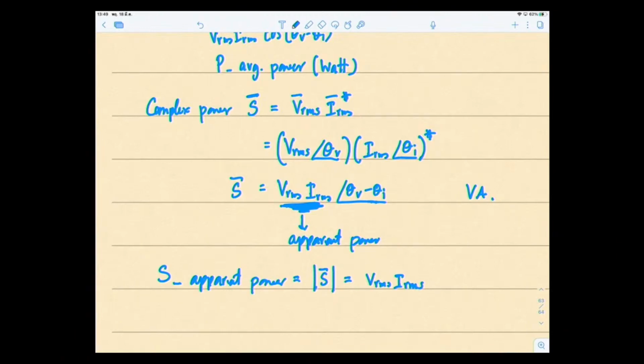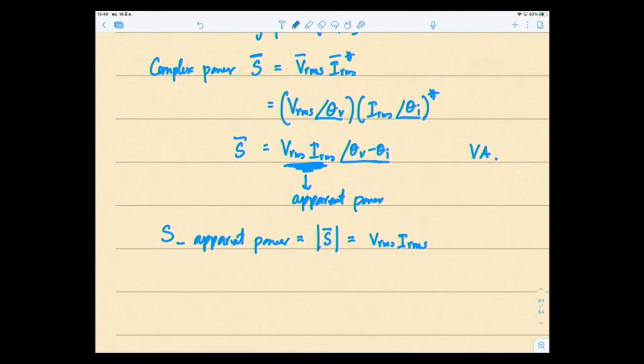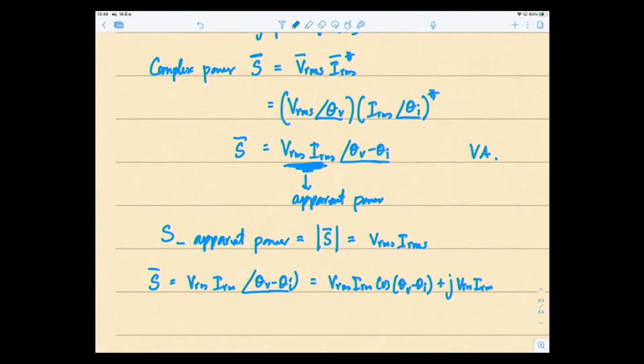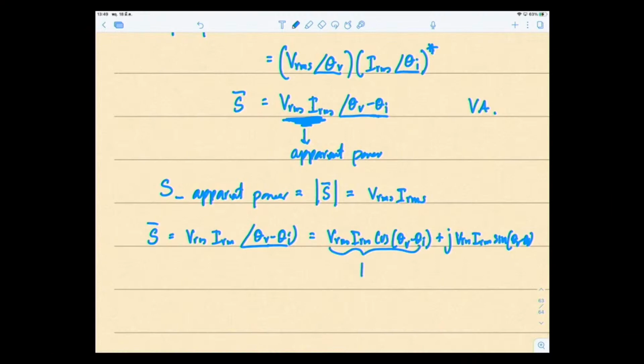Of course, I will go on reviewing this. You have a complex power, which turns out to be VRMS IRMS, angle theta V minus theta I. Using Euler's identity, it is written as VRMS IRMS cos theta V minus theta I, plus j VRMS IRMS sine theta V minus theta I. That first term is your average power, and this second is your reactive power.